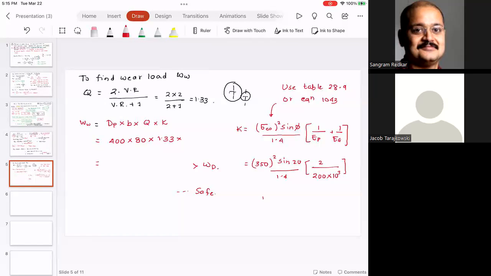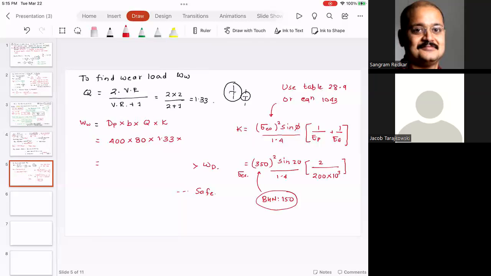So you want to recommend BHN of 150? That gives you sigma ES. I'm getting K equals 0.3.